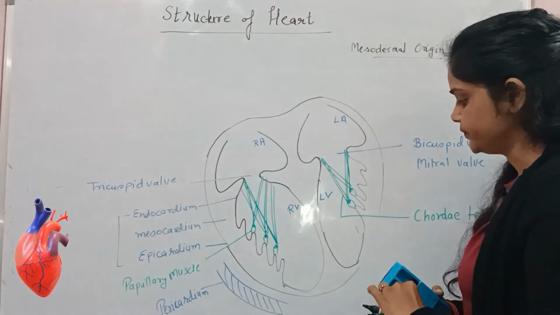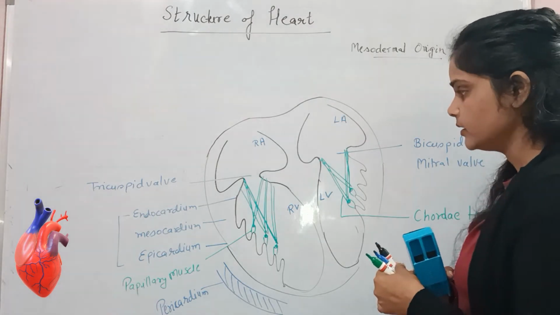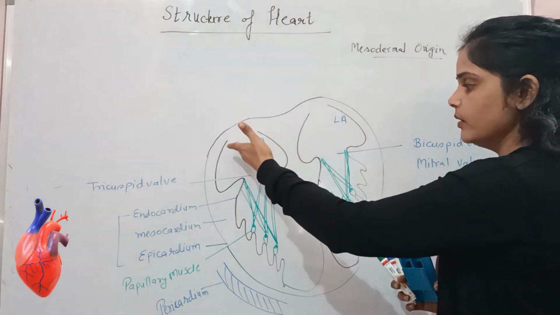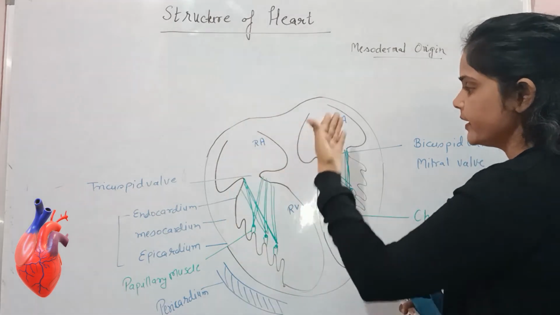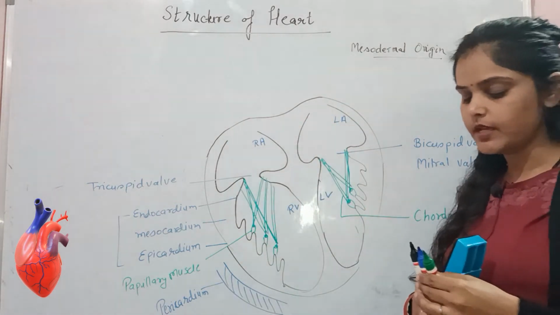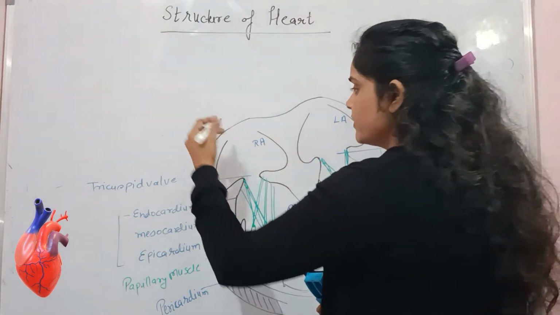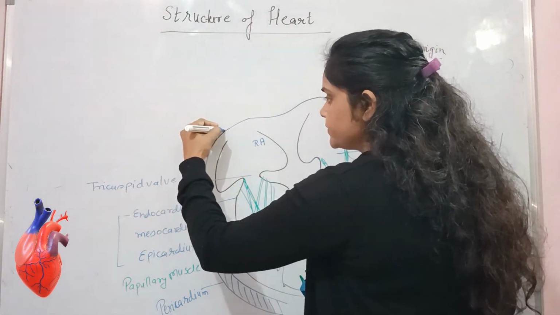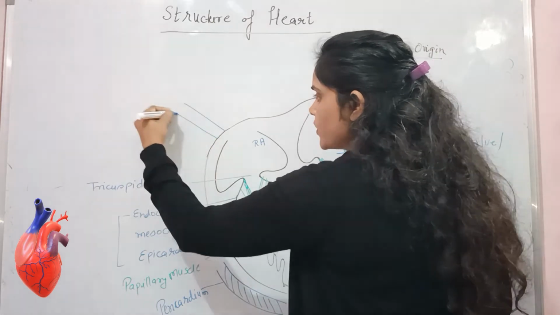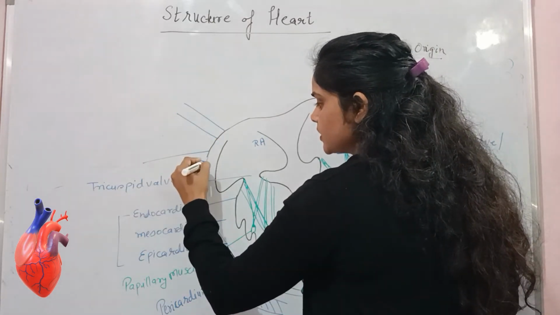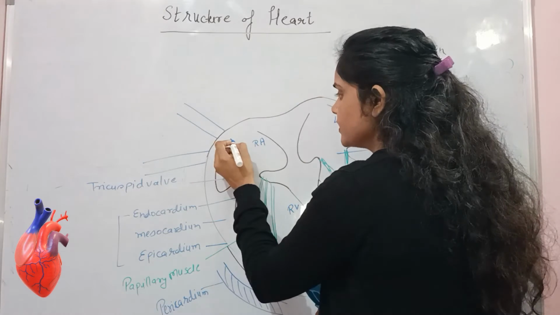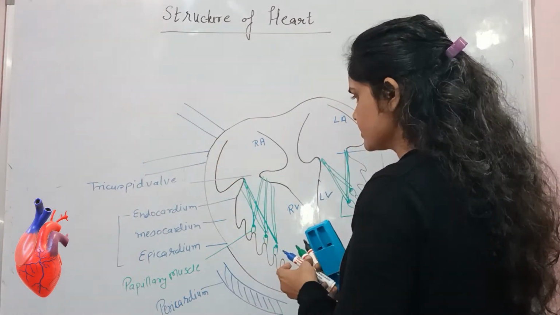Next we talk about what the vessels are which are associated with the right atrium and what the vessels are which are associated with the left atrium. The right atrium is going to receive deoxygenated blood. It has two openings. What are these?